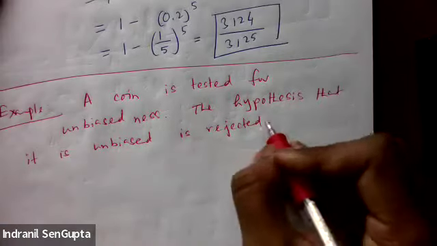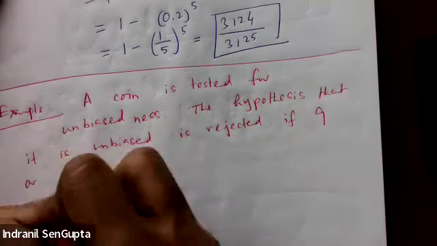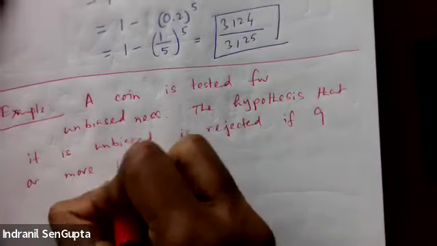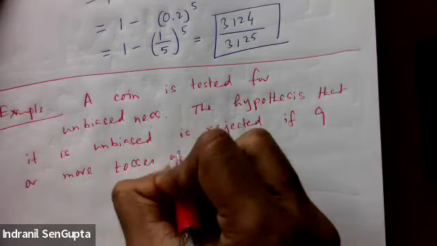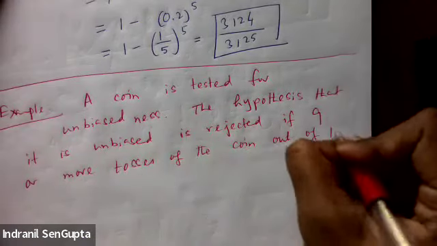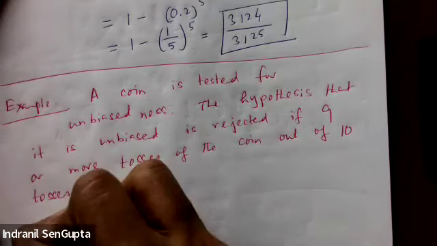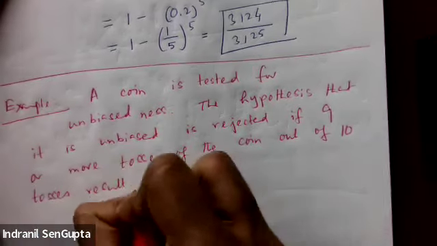Hypothesis means the null hypothesis, rejected if 9 or more tosses of the coin out of 10 tosses result in head.